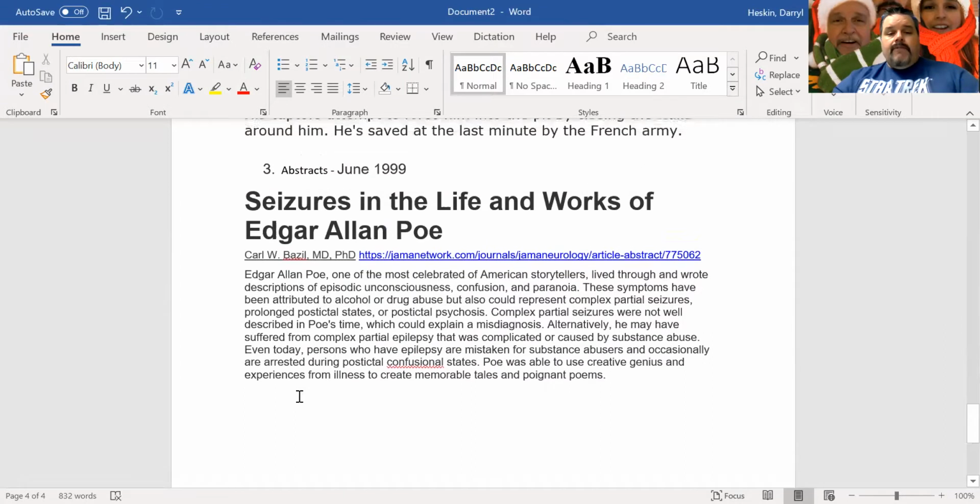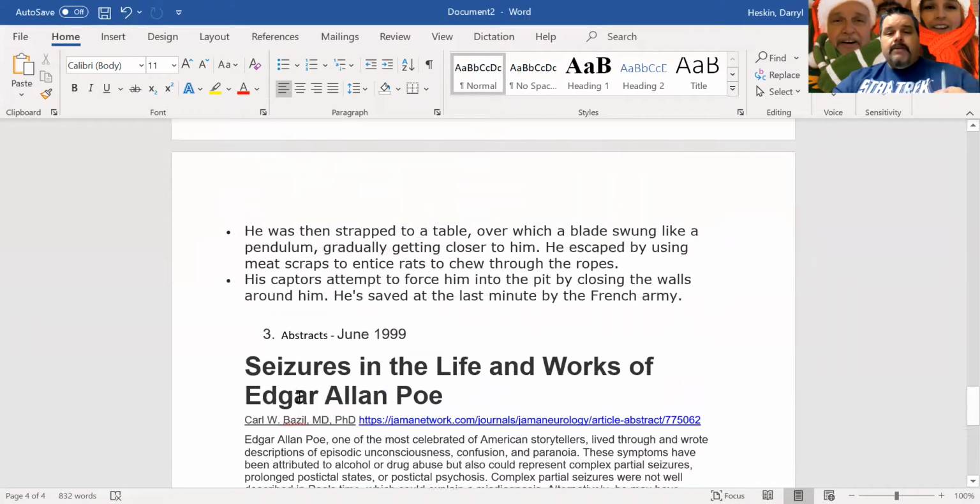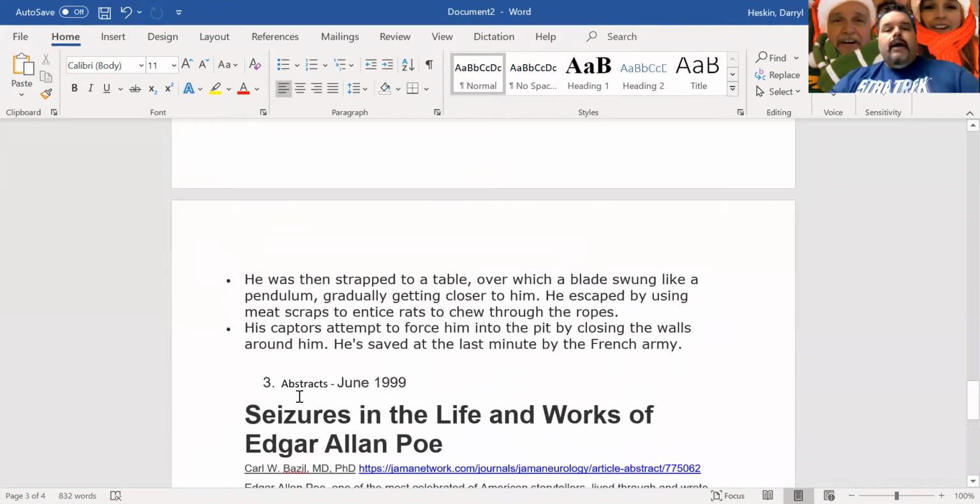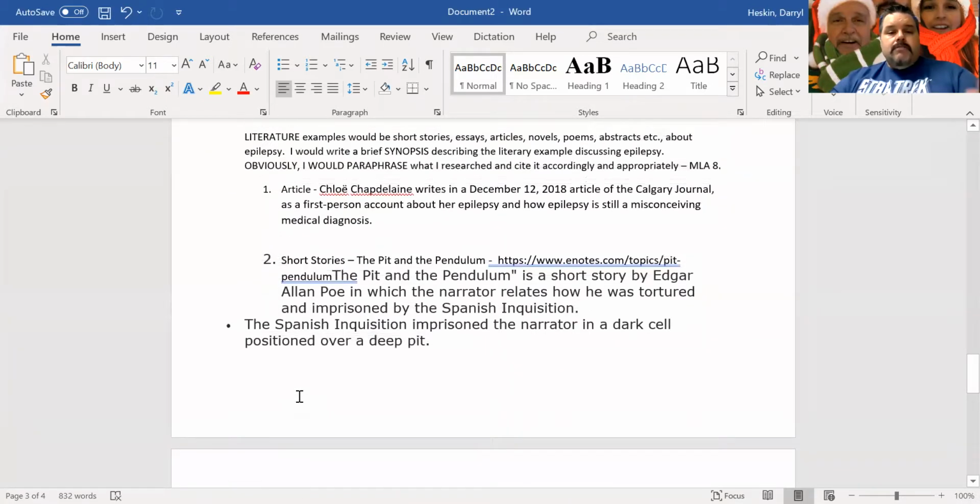Okay, so obviously I did a copy and paste, and no, you're not supposed to do that. But just for the sake of the example, that's what I would expand on a little further and paraphrase it accordingly, and then cite it appropriately using MLA 8. So just to give you an idea.